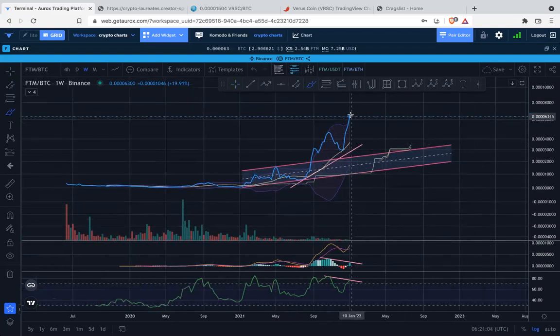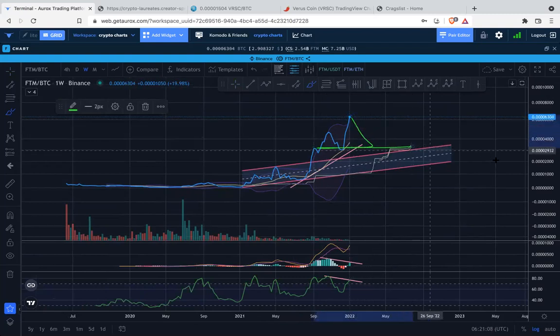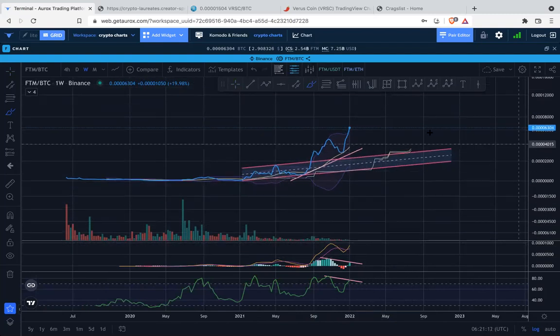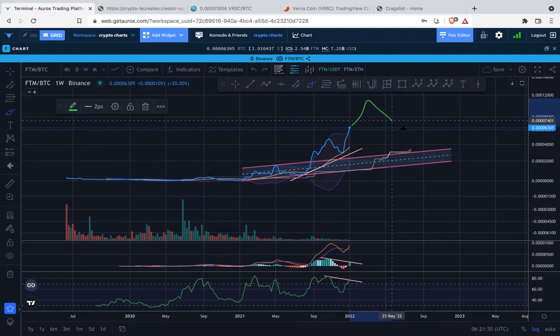But anyway, I think the bias for me is to come back down to these levels, unless the other option is it just keeps going so much higher that you make a bigger histogram, you go higher on the RSI. Or even if you're making this bearish divergence, you could still keep going higher first before you come down.